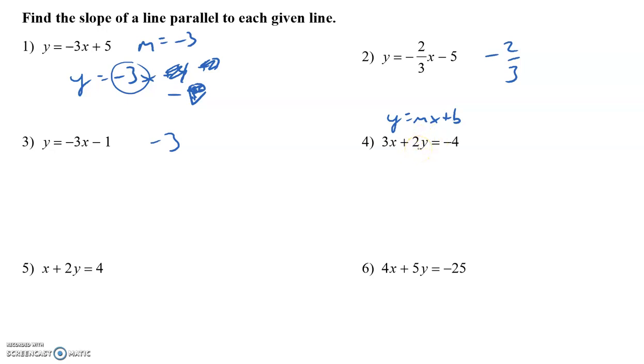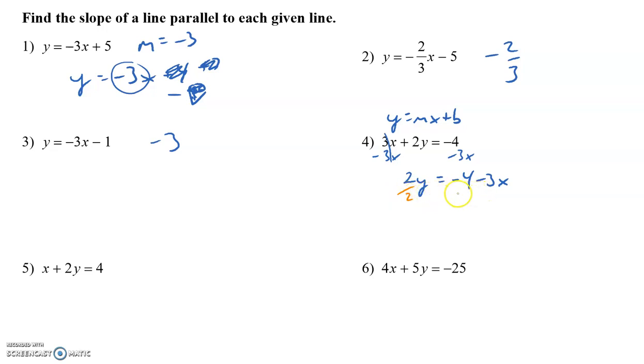So the first thing we would do in this one is subtract 3x from both sides. That cancels, and you'd have 2y is equal to negative 4 take away 3x. But now we want to have the y all by itself, so we would need to divide by 2.